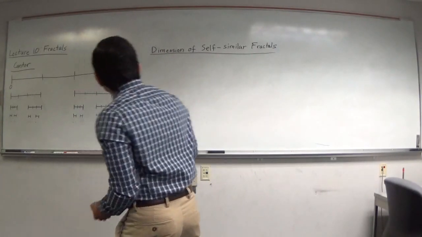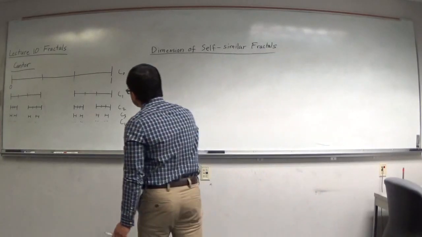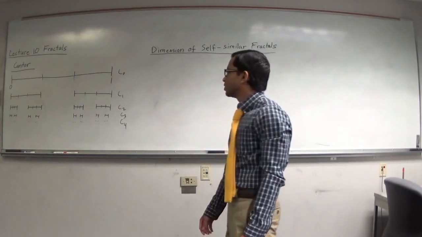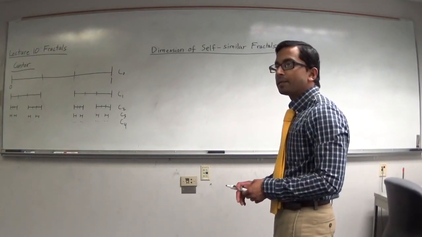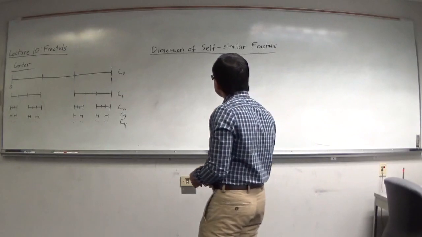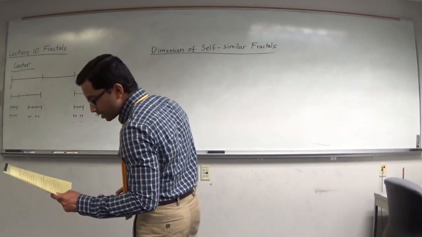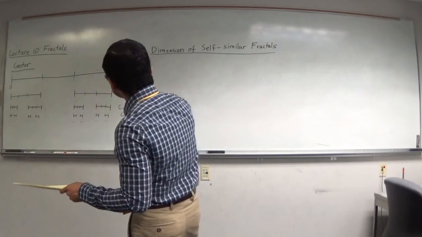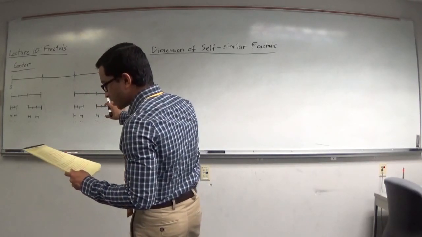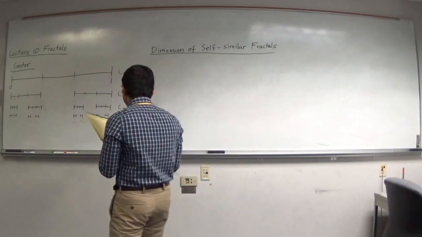Self-similar fractals are a type of fractal where you can derive the dimension in a fairly simple manner. Let's do that for the Cantor set first, and then we'll do it for another type of set.